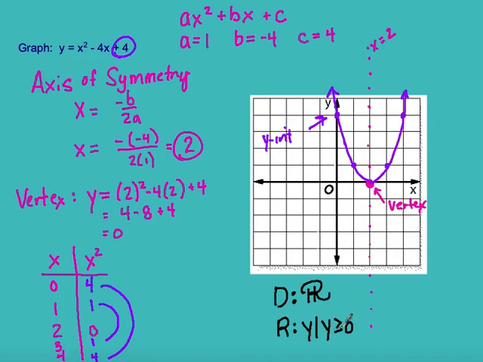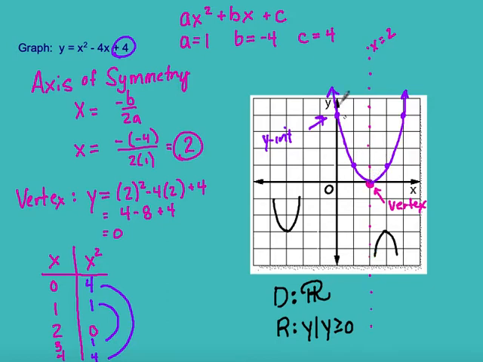Now, with a parabola, because you can have various different parabolas, they can move around, they can go down. You're either going to have a minimum vertex value or a maximum. That means that it is the smallest point in the data set or the largest.